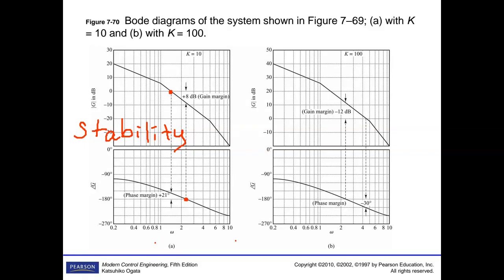And if your angle plot crosses minus 180 degrees, obtain that point and then move to the gain, and this one is the gain margin.